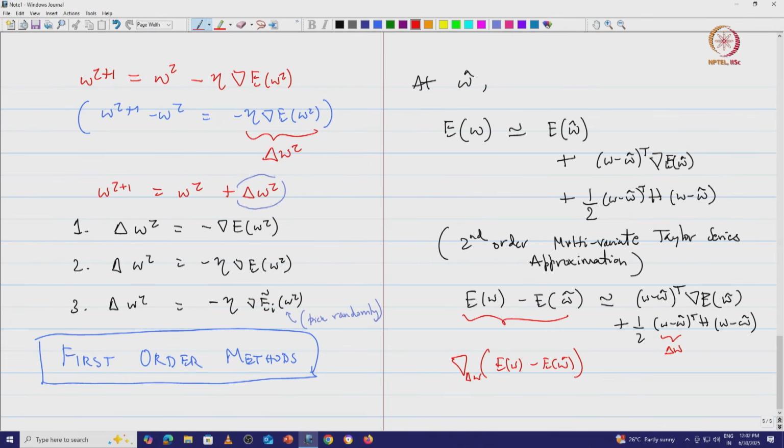This is also effectively minimizing E of omega. So if I have to take the gradient of this and equate it to 0, what does that mean? Let me go to the next page.